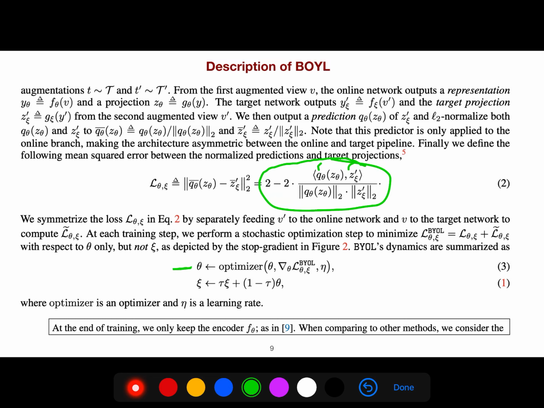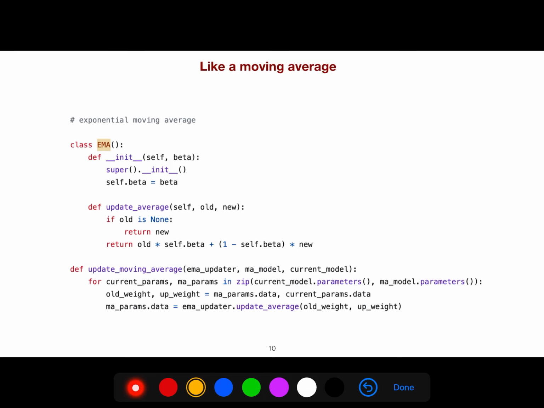So the online is updating using backpropagation, but the target is just using a moving average in order to reduce those high frequency variations. Implementing it is just a linear combination of your old weights and the new weights. Typically it's about 95%.